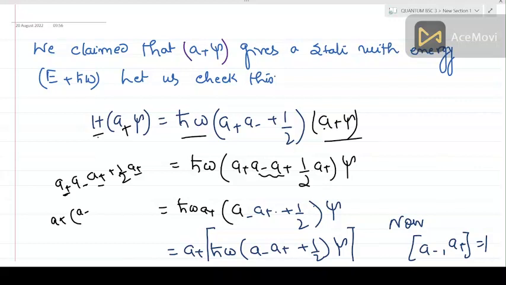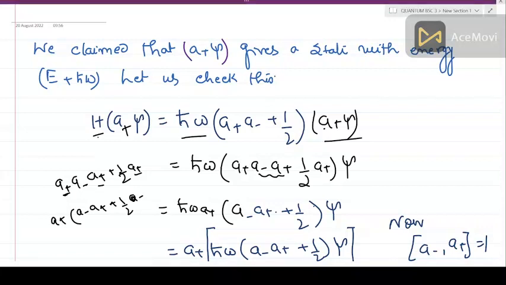So A plus is here, and you are left with A minus A plus plus 1 by 2.